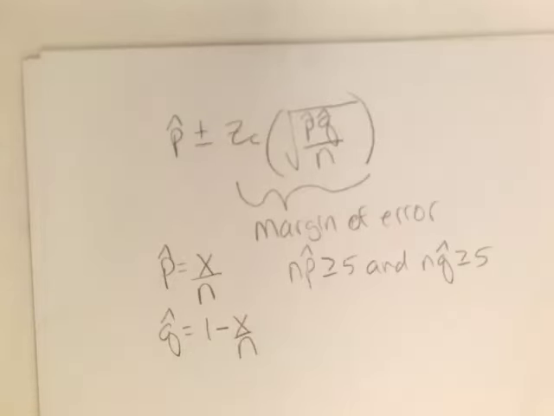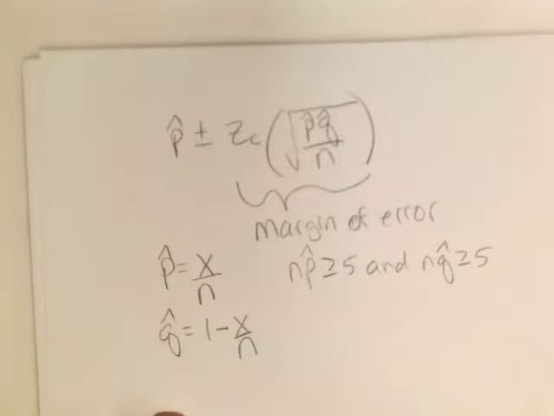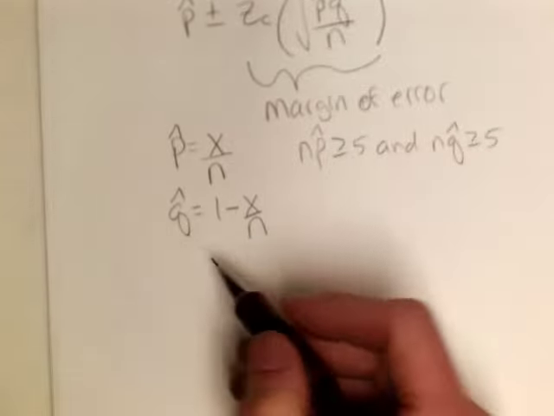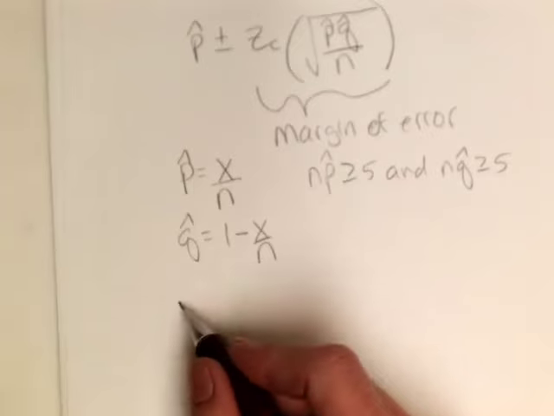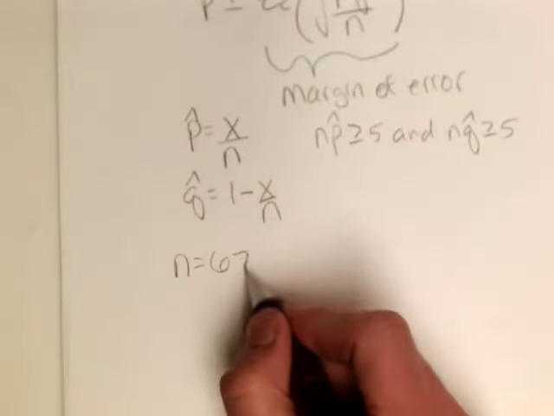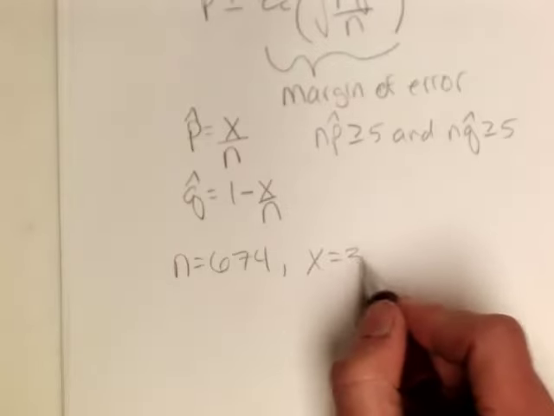You might have a few homework problems where you have to check the assumption of normality for this part. We're just going to go ahead and assume that's been met. Given in the problem, n was equal to 674 and x was equal to 396.